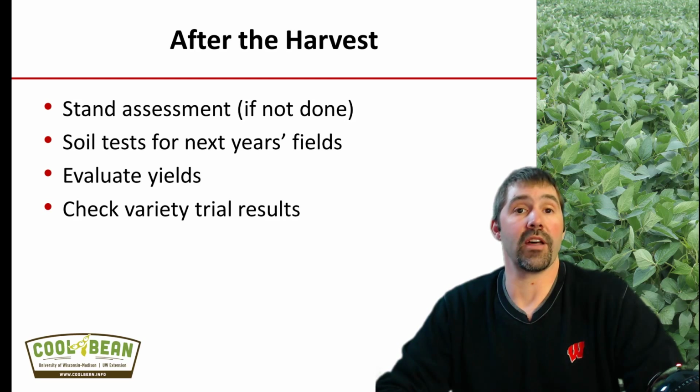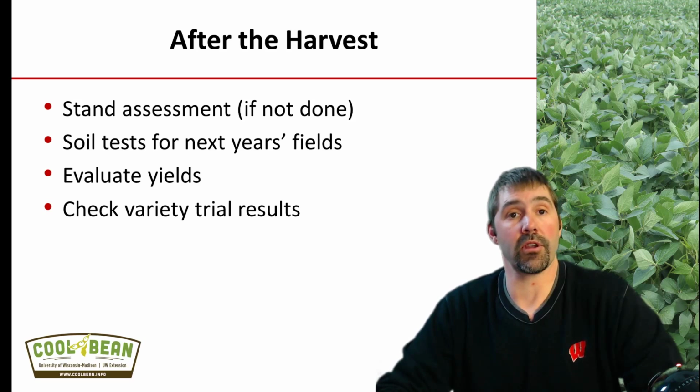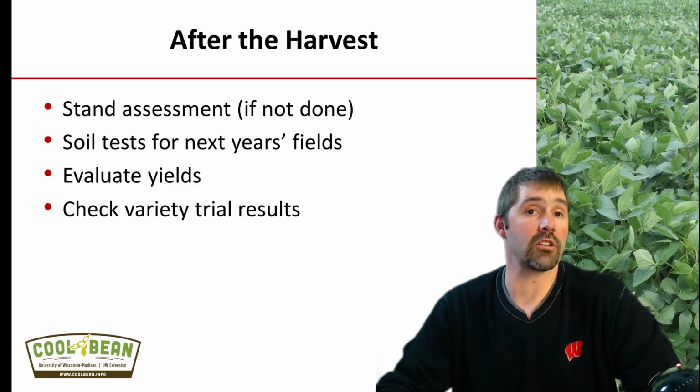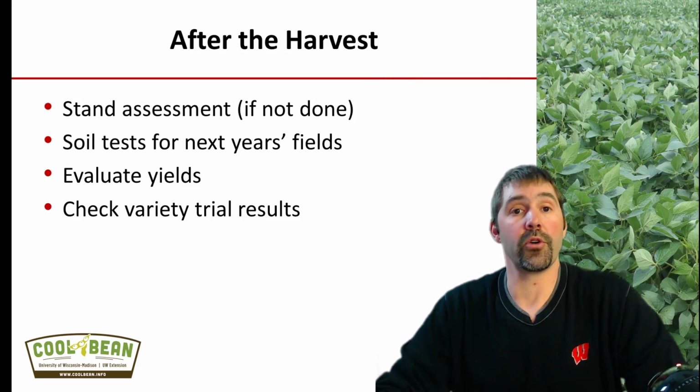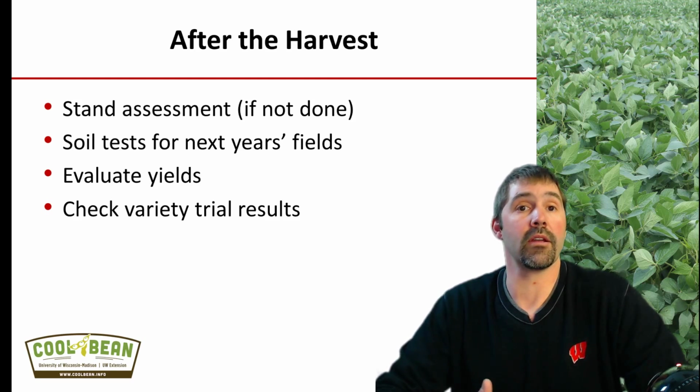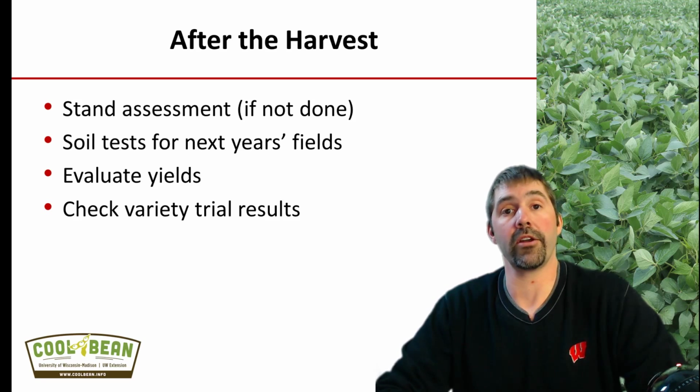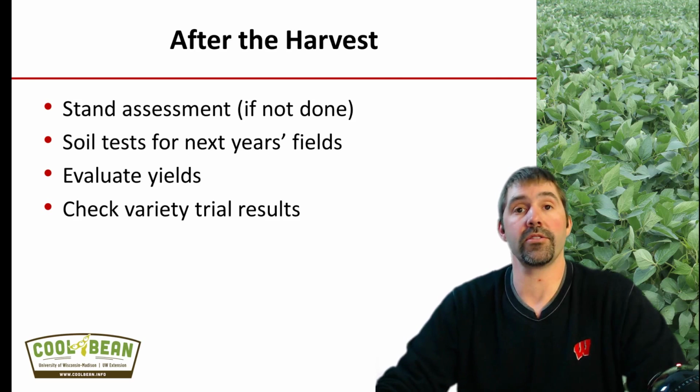Next, go through and evaluate our yields, either using yield monitors or check strips, really get a good sense of how well our soybean yields performed across all of our fields. And lastly, go through and look at variety test results, like the Wisconsin Soybean Variety Test Program, for example, to get a sense of how your variety performed against competitors, and to help make decisions for seed placement for the following growing season.